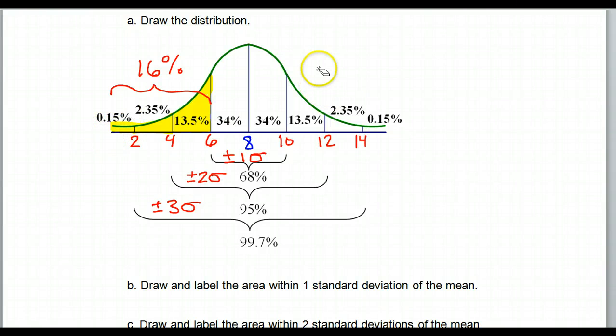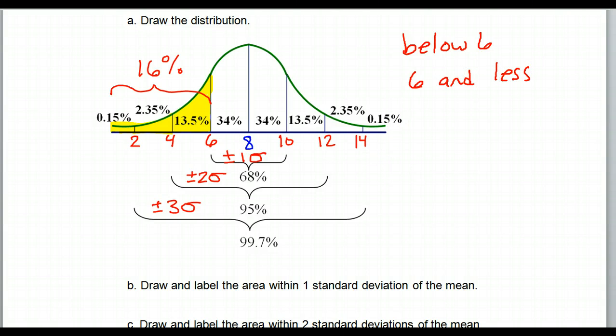So you have two choices. If you want to describe this bottom 16% of the graph, you can either use words and say something like below 6, because it's 6 and less.